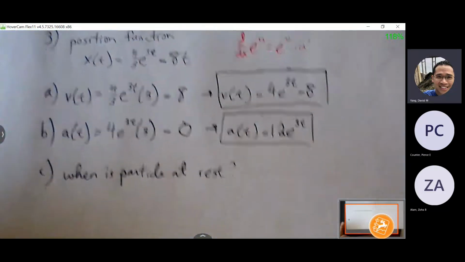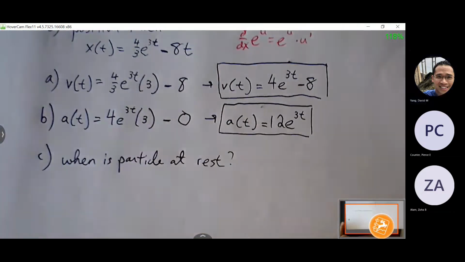Okay, when is the particle at rest? How do we move forward there? Yeah, velocity goes to 0.